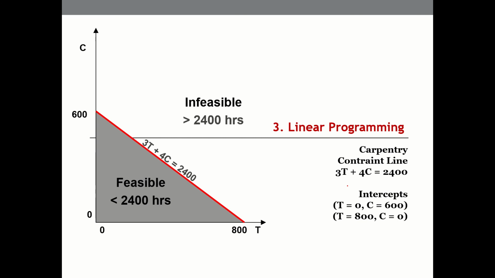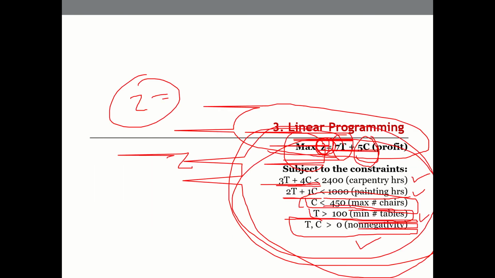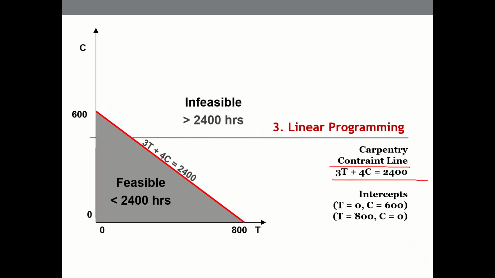The first one is 3 tables and 4 chairs, less than 2,400 hours. So how do we convert this into graphics? How do we convert this into the form of diagrams?